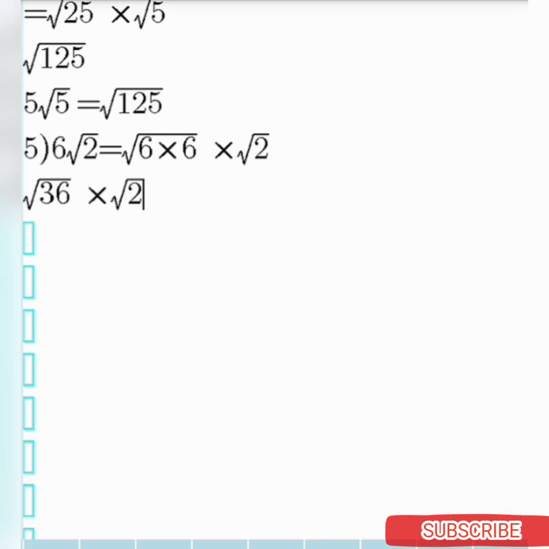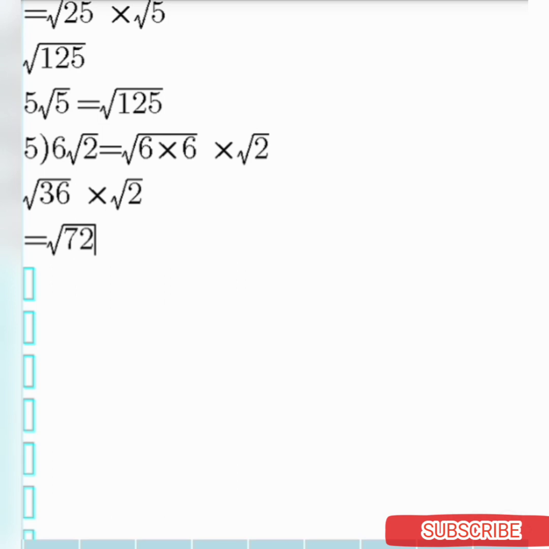When you multiply root 36 by root 2, 36 times 2 will give you 72. That means your final answer is root 72. This is how to change an expression from its basic form to original form, and from its original form to its basic form.